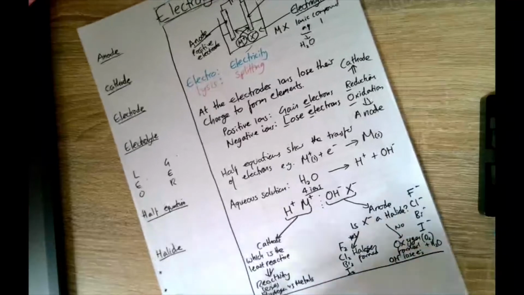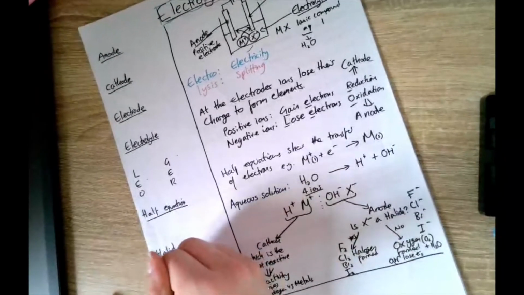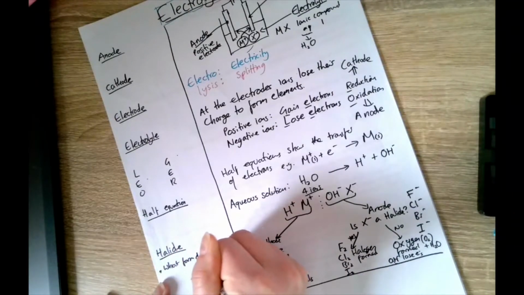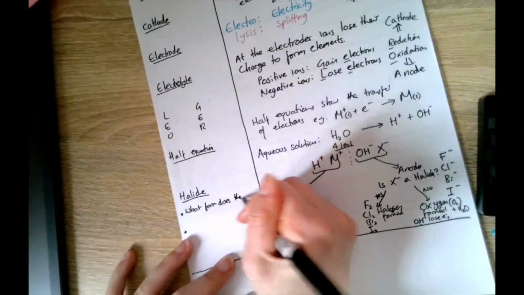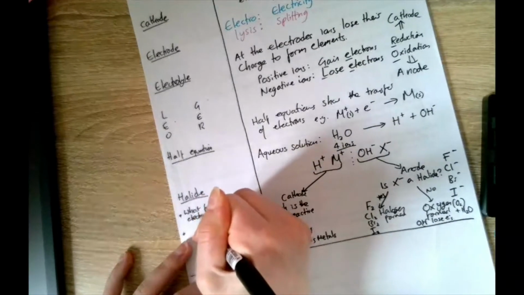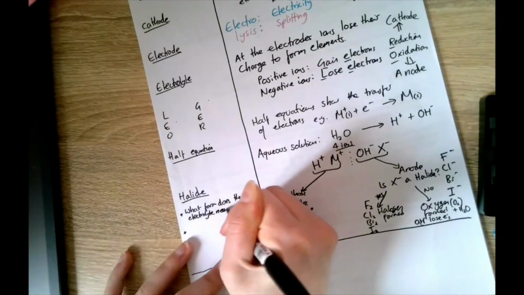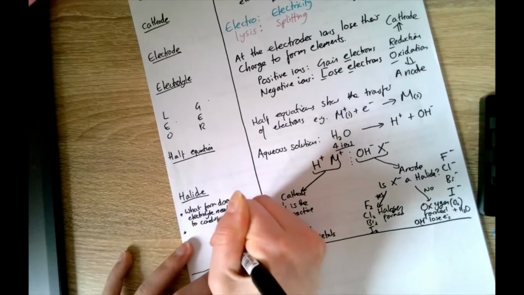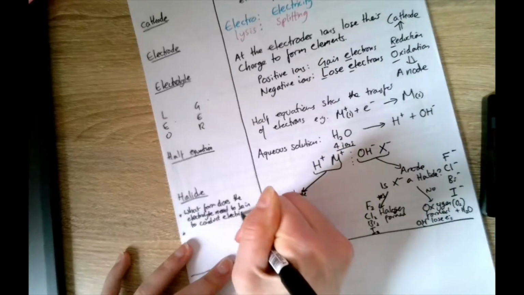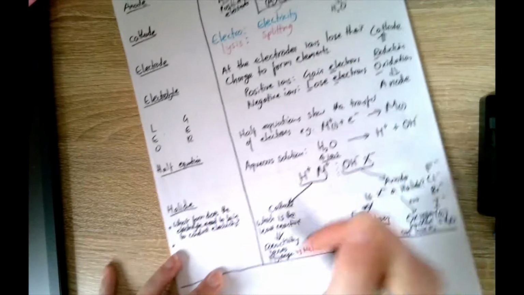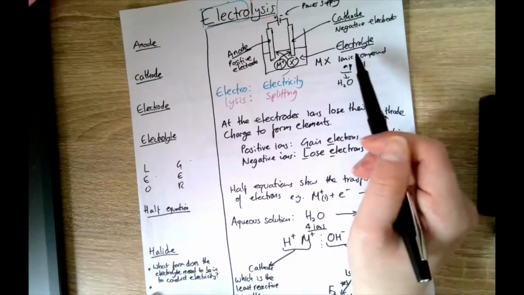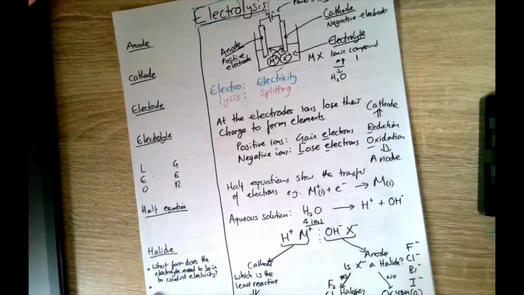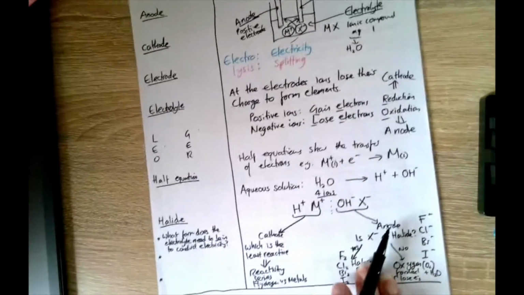So the first question I'm going to put down is, what form does the electrolyte need to be in to conduct electricity? And so that's referring to what we talked about at the top, that it's an ionic compound and therefore it needs to be either aqueous or liquid, molten, for our ions to be free to move.